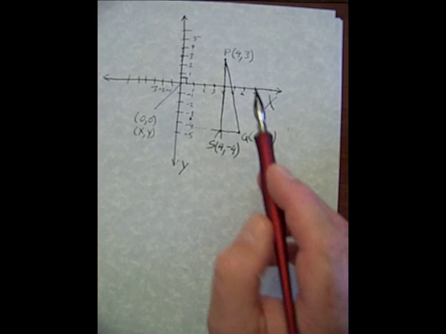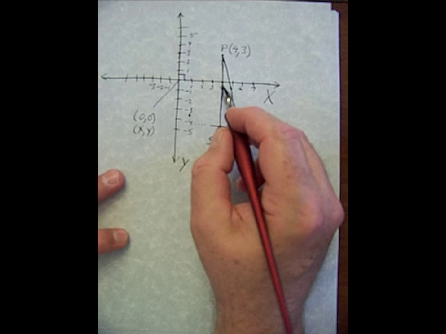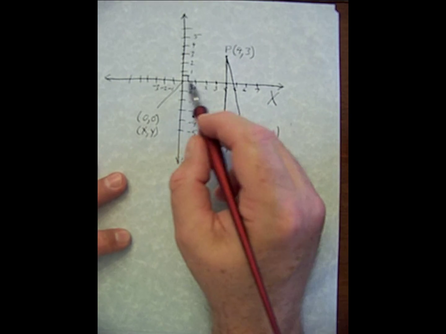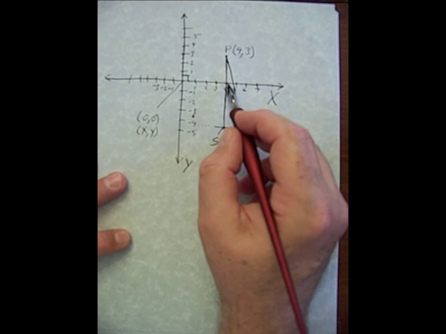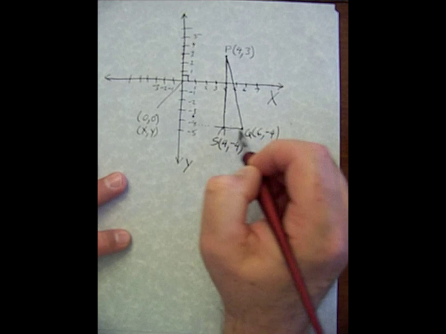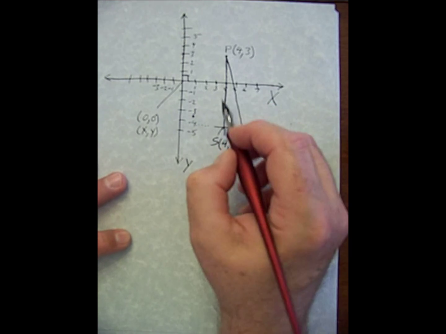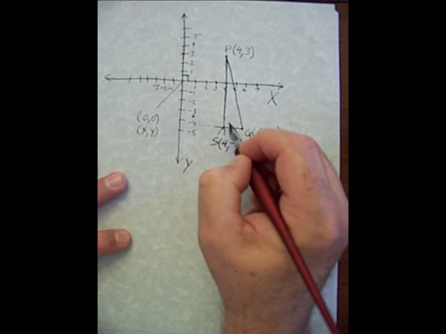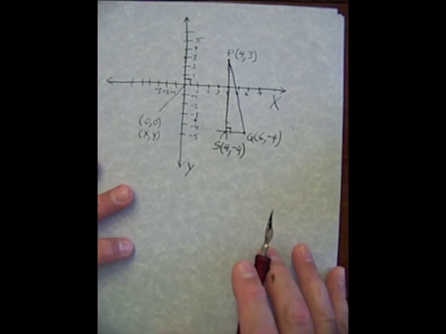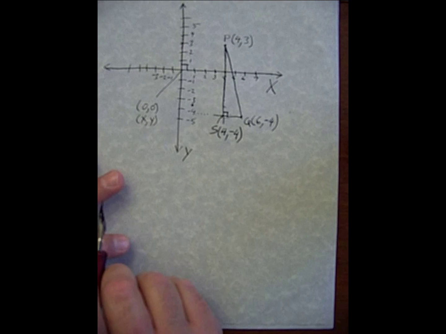So now we have a right triangle. Since x and y are orthogonal, they're at right angles to each other, and this line is parallel to the y line, and this line is parallel to the x-axis, then these two lines are also orthogonal, or also at a 90-degree angle.